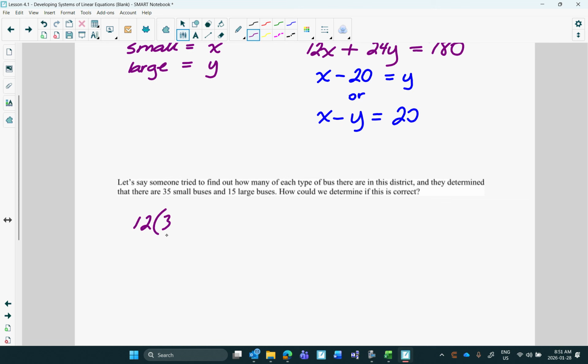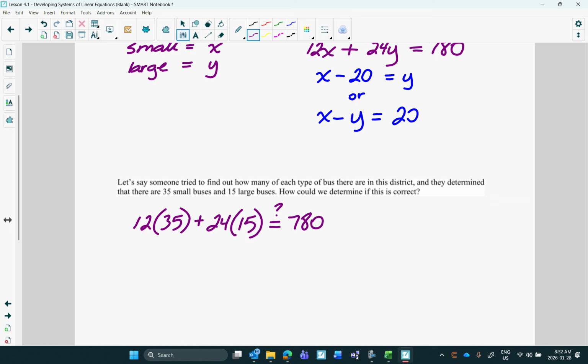Does 12 times 35 plus 24 times 15 equal 780? Notice I put a question mark over the equal sign because I'm not sure if it equals yet. That's what whoever solved the problem is telling us.